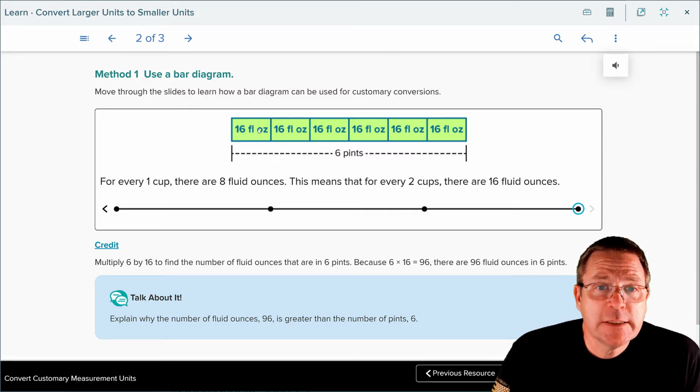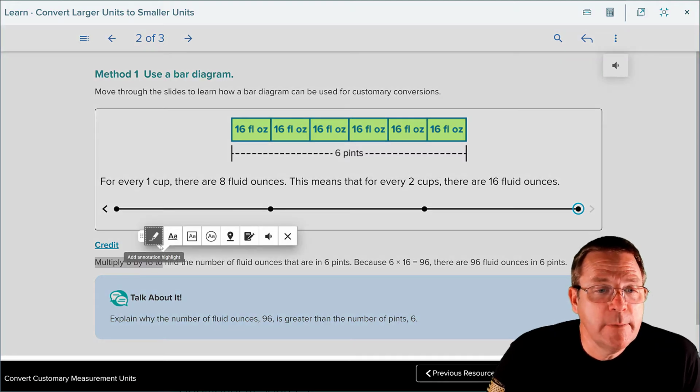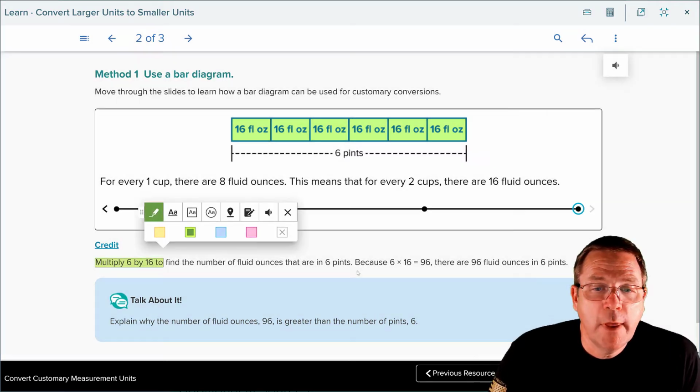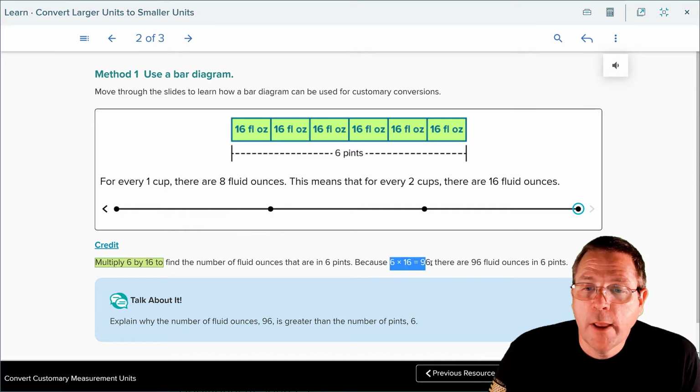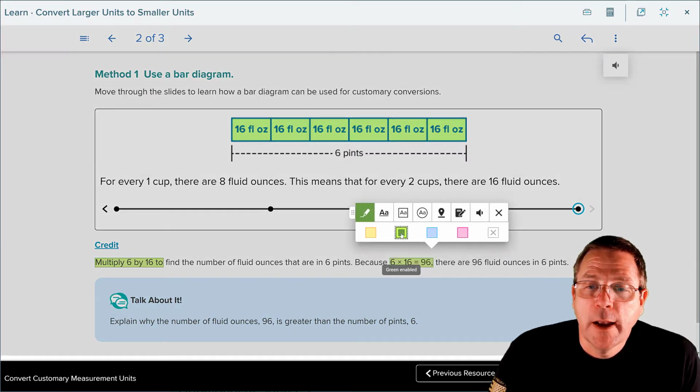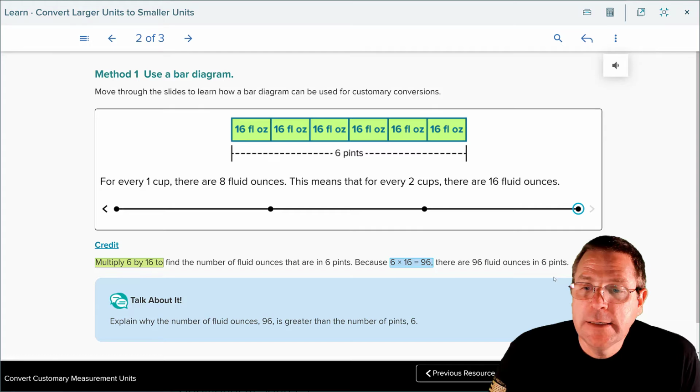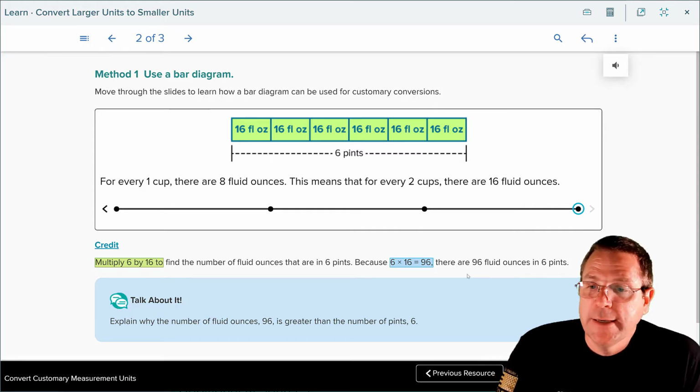Well, that's going to be 16 plus 16 plus 16 plus 16 plus 16 plus 16, also known as multiplying 16 by 6. And when you do that, you're going to find the final answer is equal to 96. There's going to be 96 fluid ounces located in 6 pints.